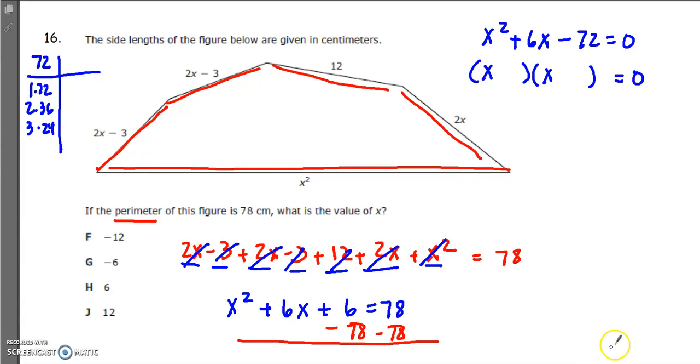Hang on a minute, let me pull up my calculator. Okay, so 4 will go, 4 times 18, and 6 times 12, and 8 times 9. And that's all.